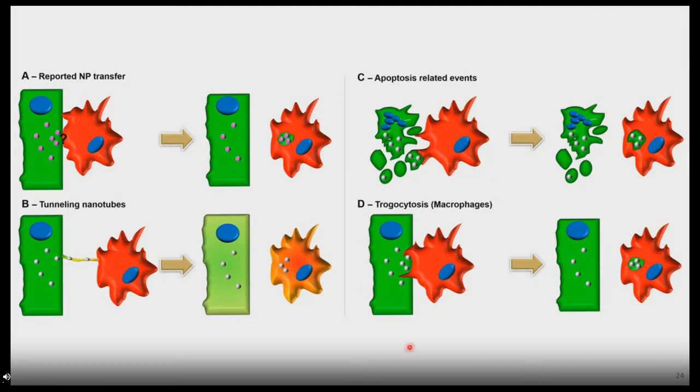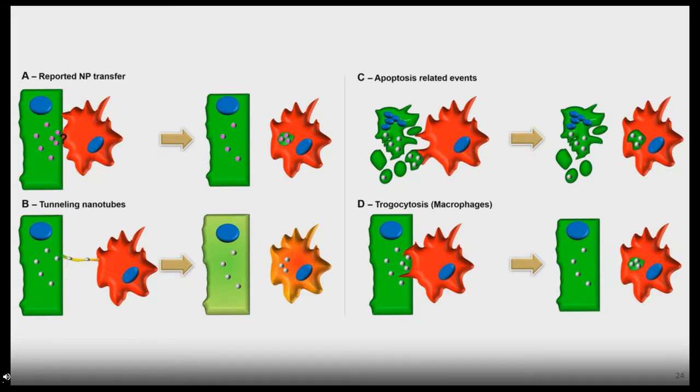But we think, and we have to prove it, that it might be related to trogocytosis. Initially, trogocytosis was described as an exchange of plasma membrane between lymphocytes. But now people started to look into macrophages, and it seems that in macrophages, especially with chunks of adipocytes, the transferred material is then internalized instead of remaining at the plasma membrane.